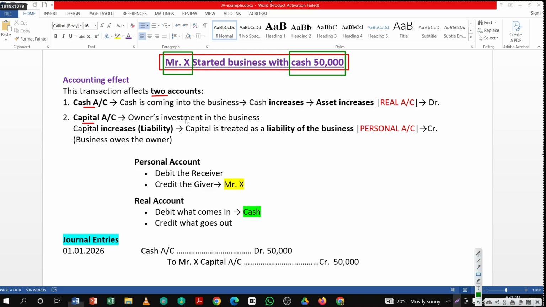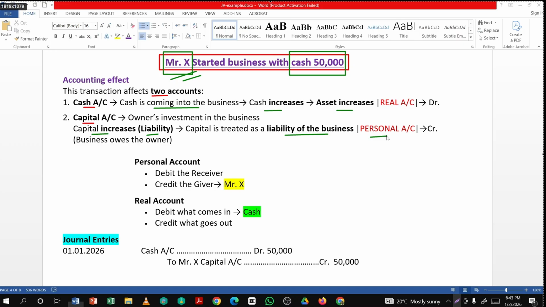Cash coming into the business means cash increase, that is asset increase. Mr. X invests in the business, so capital increases, that is liability increase. Capital is stated as a liability of the business.